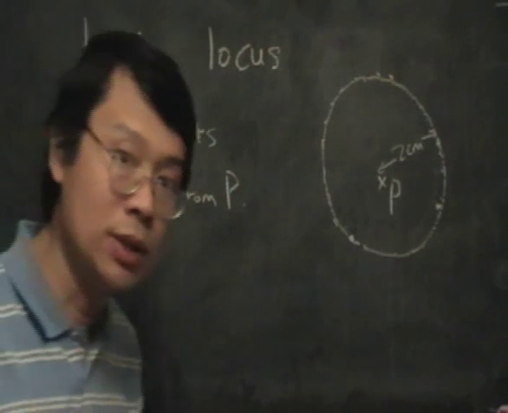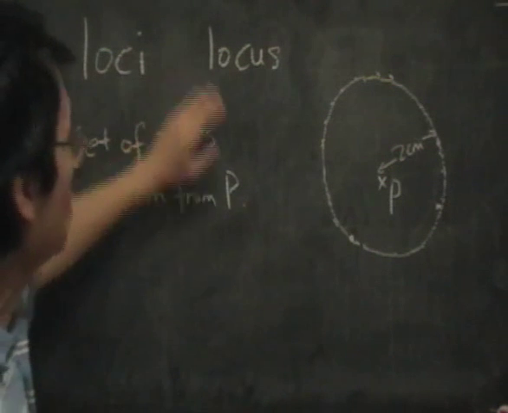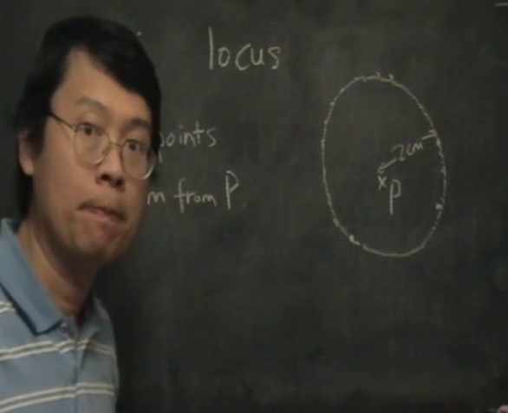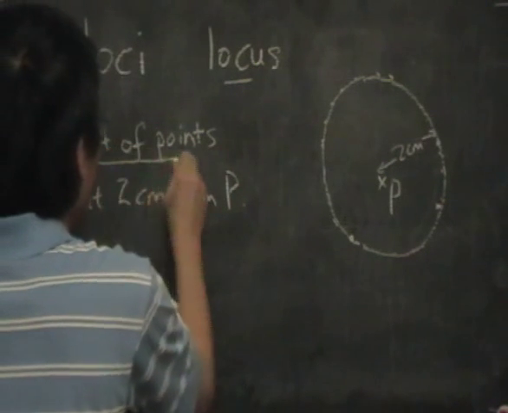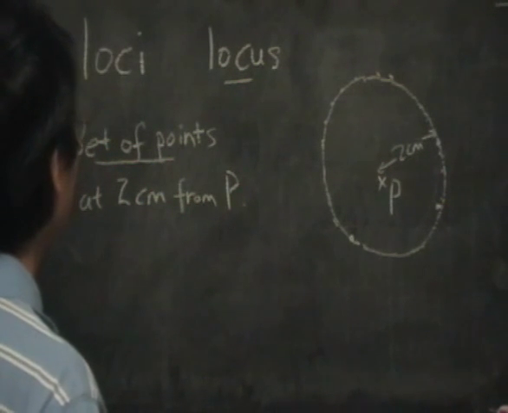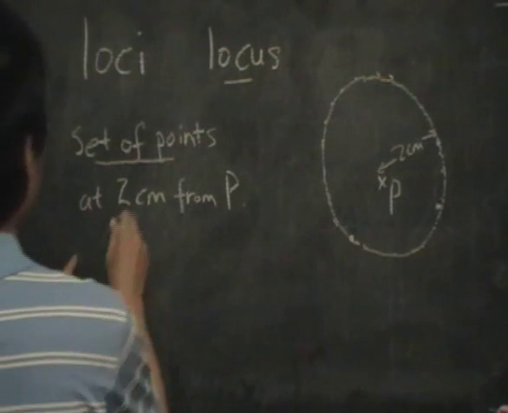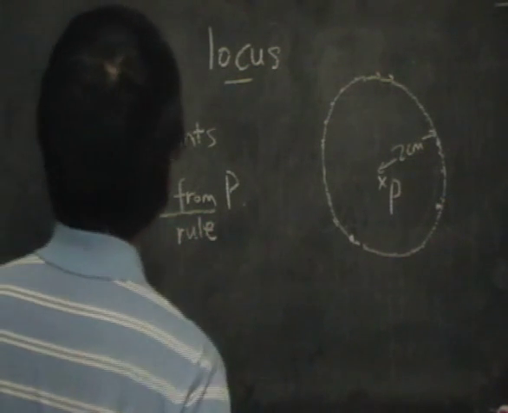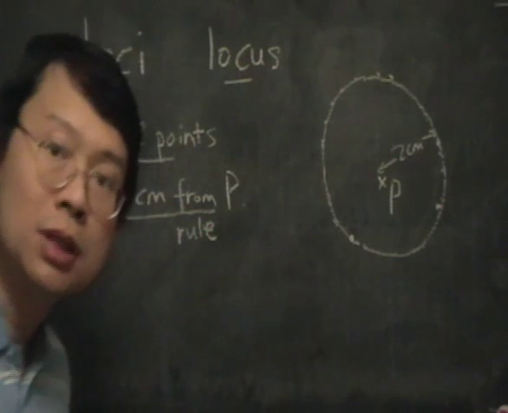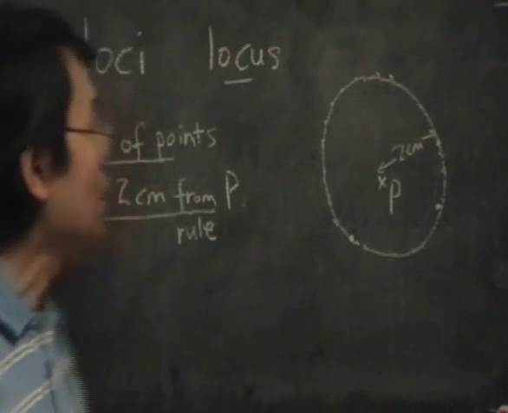So we call this circle a locus. Alright? The locus refers to the set of points which follows a certain rule. And in this example, the rule is that all the points must be 2 cm from P. So we have a simple example here.